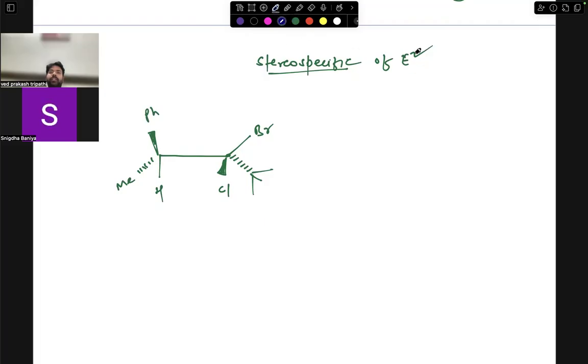Generally, the E2 reaction is anti-periplanar.